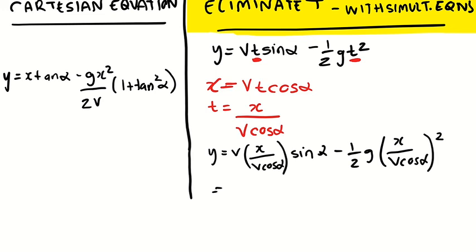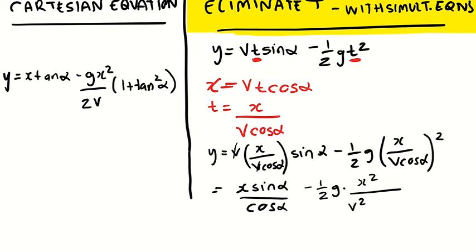Here, my v's are going to cancel. I'm going to have x sine alpha over cos alpha, and straight away I'm thinking, ding ding ding, that's tan. And I'm going to have minus a half g timesing by x squared over v squared cos squared alpha.